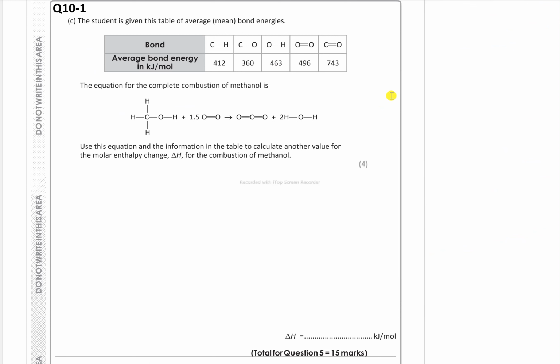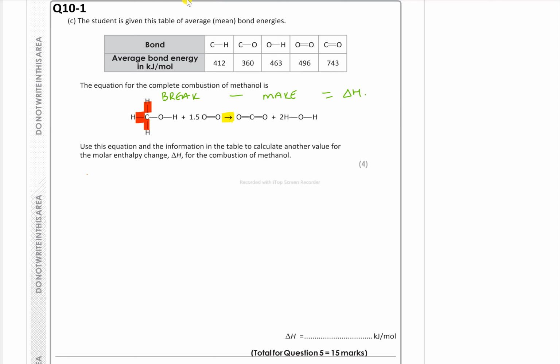Now we're doing the same thing here. So it's been presented slightly differently. They've actually shown the bonds, which is good. So you've got break minus make to give you the enthalpy change, delta H, yeah? So look, we've got CH, CH, CH.